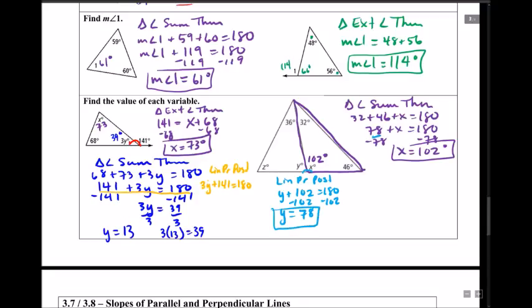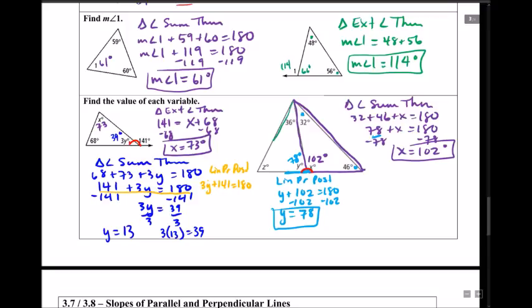Look, right here. This is an exterior angle, right? If we extend that side right there, that's an exterior angle, and look at my two remote interior angles. So we could have done that one multiple ways. Like I said, you're going to tend to go for the linear pair just because it's something that we use so frequently. You're going to be used to it.